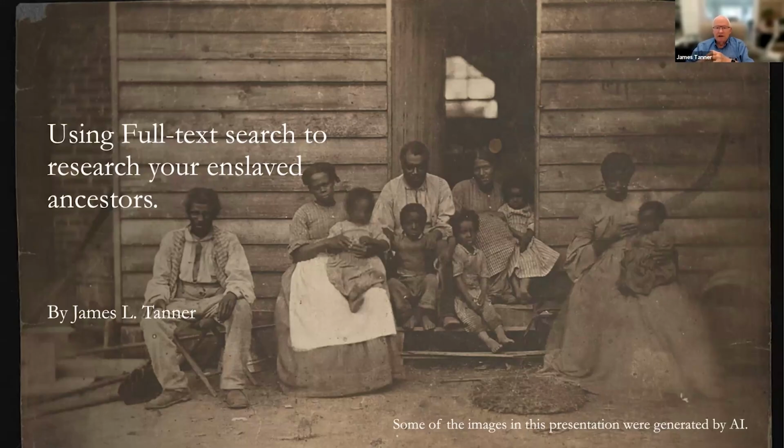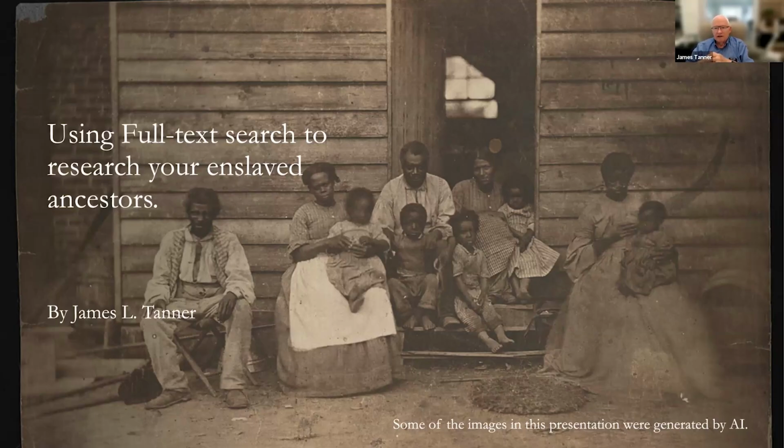Kind of a little bit of introduction here because it's important to get some perspective. One of the most difficult areas to research in the United States can be summarized in saying enslaved ancestors, because they were property.